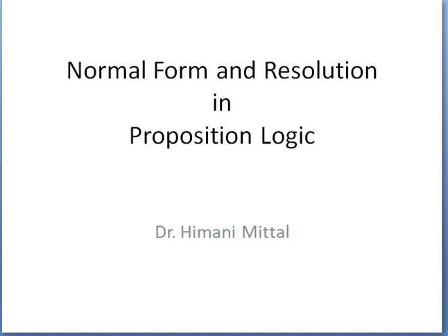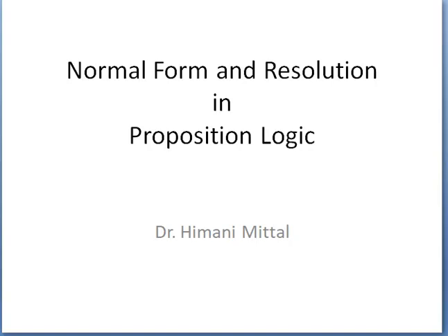Hello friends, in this video we will look at the normal form, the conjunctive normal form, and resolution in propositional logic. A normal form is a standardized form of representation in propositional logic in which we eliminate the imply and double imply so that we are left with only three types of operators: and, or, and the negation operator.